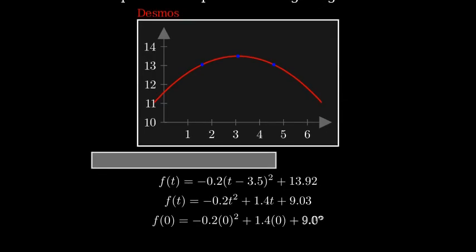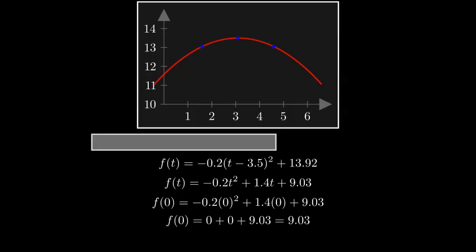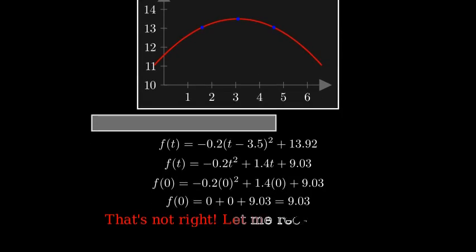Substituting t equals 0, f of 0 equals negative 0.2 times 0 squared plus 1.4 times 0 plus 9.03, which simplifies to 9.03. Wait, that's not right. We got 11.47 earlier.